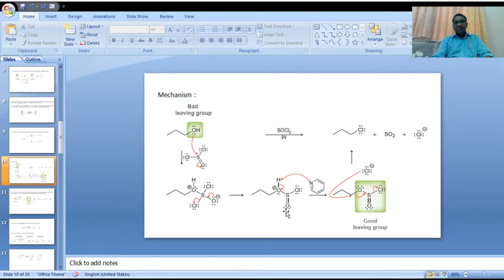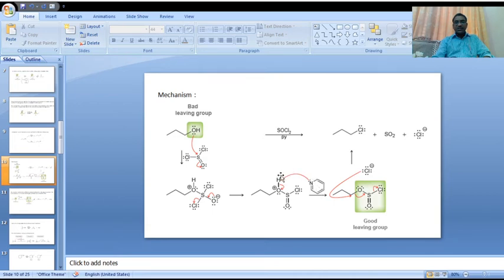Please observe, between sulfur and oxygen, a double bond forms. Then, in the presence of pyridine, this reaction proceeds. Here the pyridine molecule is involved in the reaction in this step.